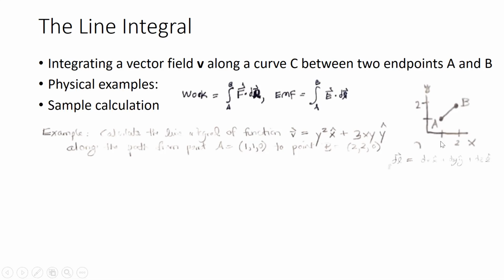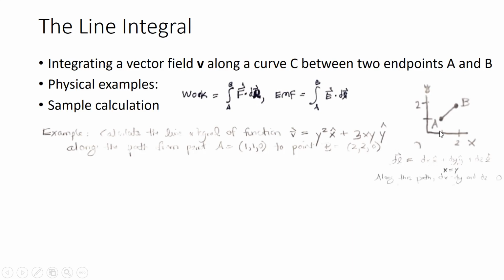So we can start out by noting that the line integral's small displacement is dl. That will be equal to dx x hat plus dy y hat plus dz z hat.